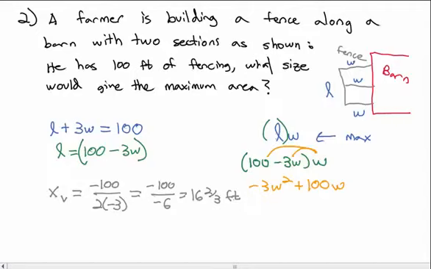So that's going to be the w that we have here in our formula. We should have said the w vertex. The w is 16 2/3 foot, 16 feet 8 inches long.